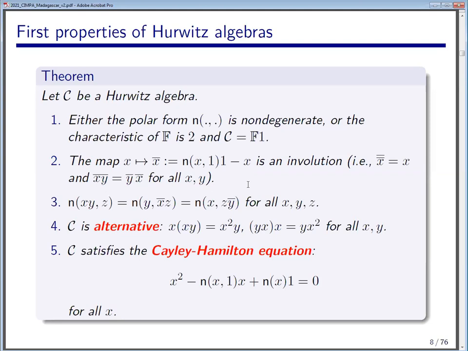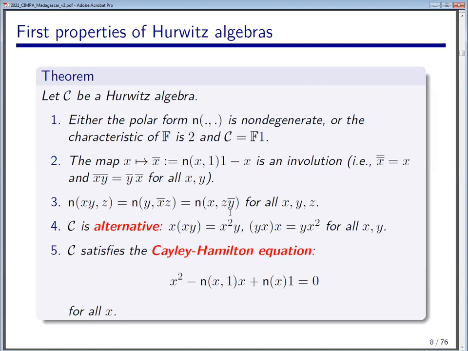Also, and that was very important for the computations, whenever we use the polar form of the norm, we can move things from one side to the other. So we can move x from the left to the right, adding the bar, the involution. Or we can move y to the right, adding the involution.